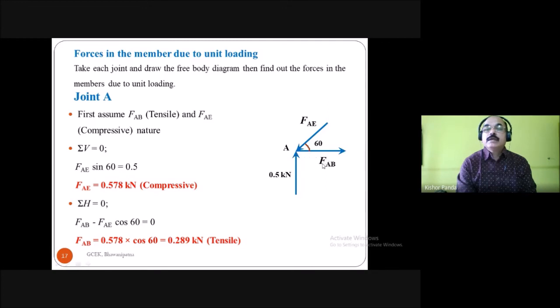So here you take FAB minus FAE cos 60 is equal to 0. Then FAB is equal to 0.578 into cos 60, which is 0.289 kilonewton. Here also you got a positive value, so the assumed direction of the force is okay. So FAB is equal to 0.289 kilonewton, and the nature of the force is tensile.